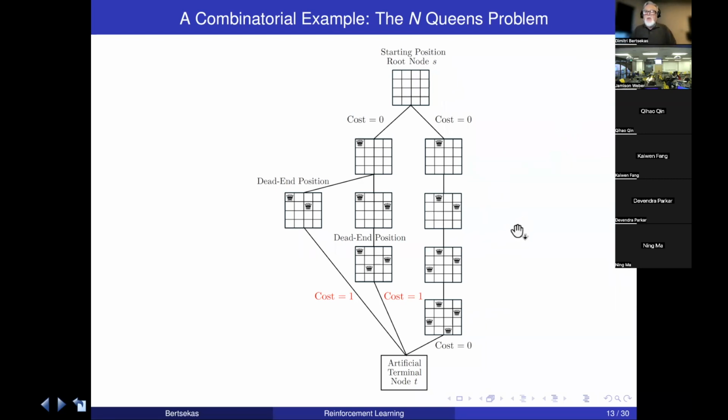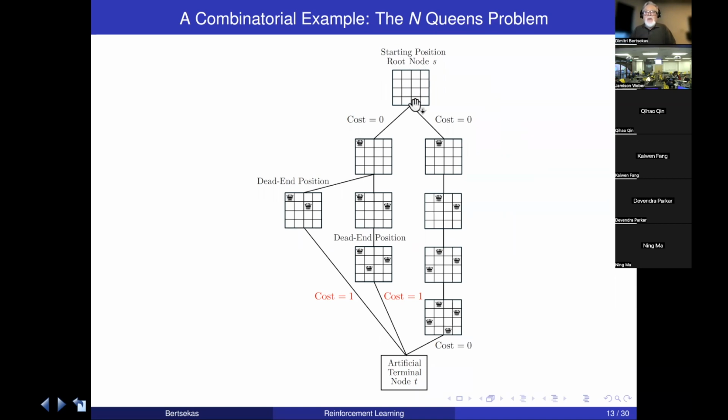And the way to formulate this as a dynamic programming problem is to break down the overall decision of placing the n queens into a sequence of mini decisions. First, place the first queen in the first row, then place a second queen in the second row, and keep going. So we model this as a 4-stage problem, whereby we start at the empty board, the starting position.